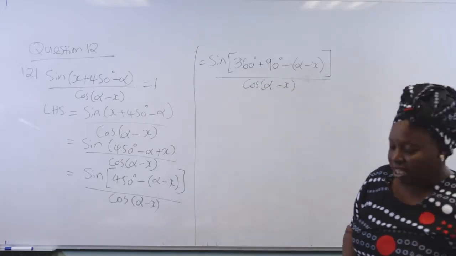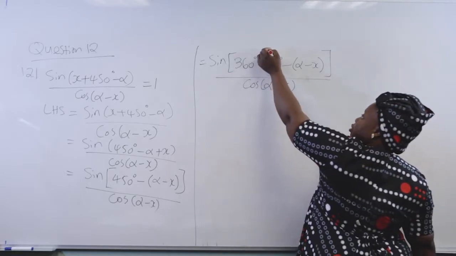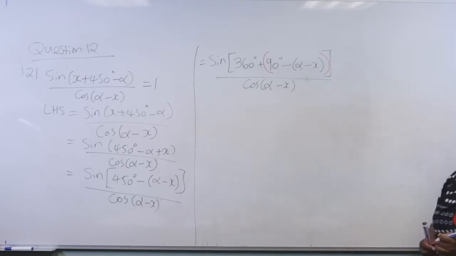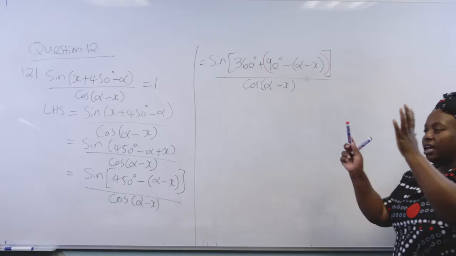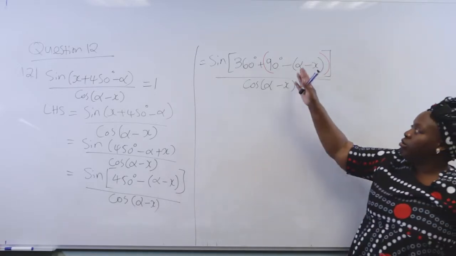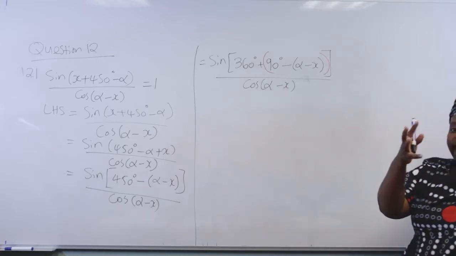Folks, if you look at this properly, you can say that because of plus, I can simply put a bracket there. That will make my angle 90 minus alpha minus x in that particular bracket. So if this was theta, I will say 90 minus theta. But now we have alpha minus x as our theta.